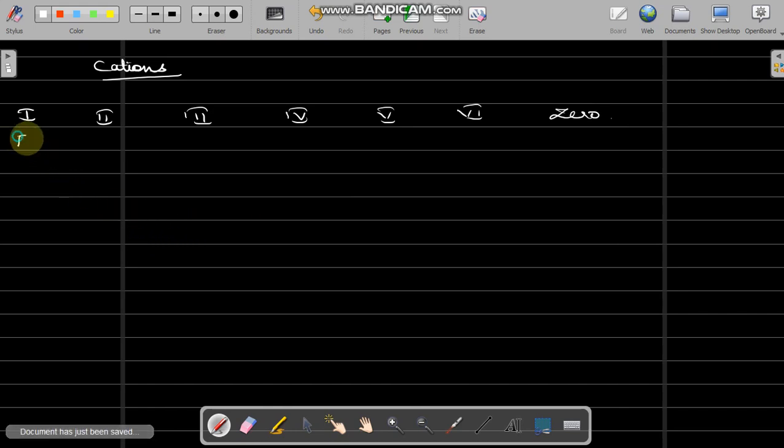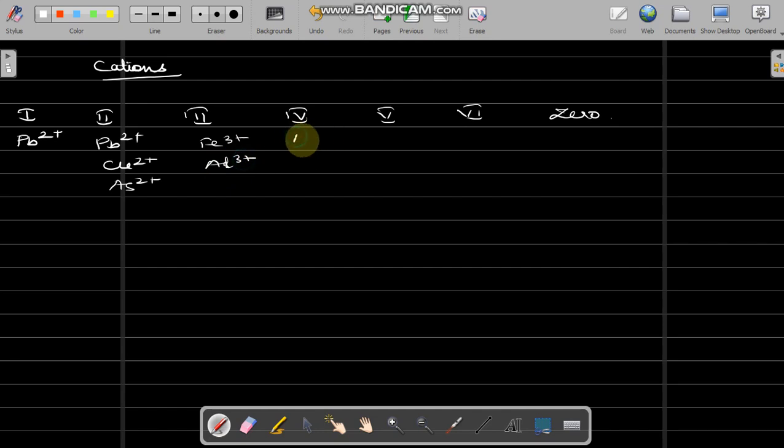In the first group, Fe3 plus and NH4 plus.